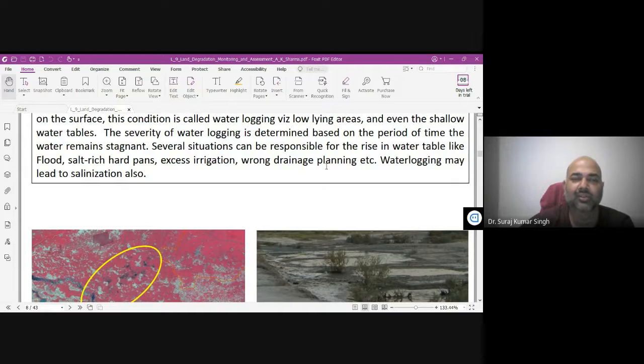But instead of making the land fertile, at many places it has deteriorated the land quality, because through those canals there is a continuous seepage, and that is making the water table in the adjoining areas rise.